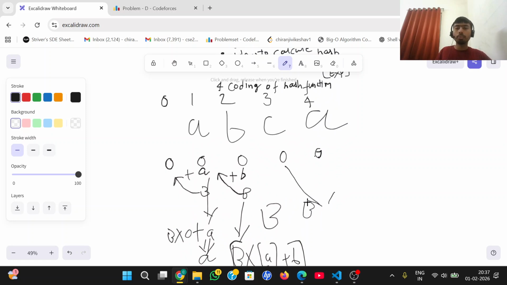So what we have to do? We take the base, multiply it with the previous hash value, and add the value at the current index.